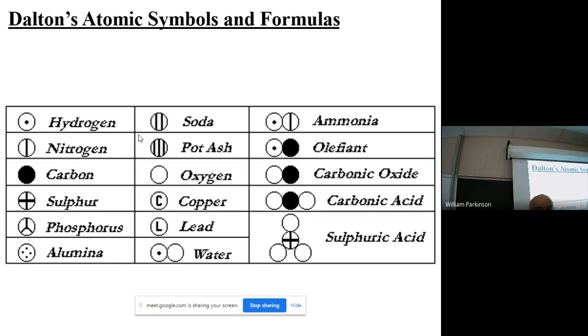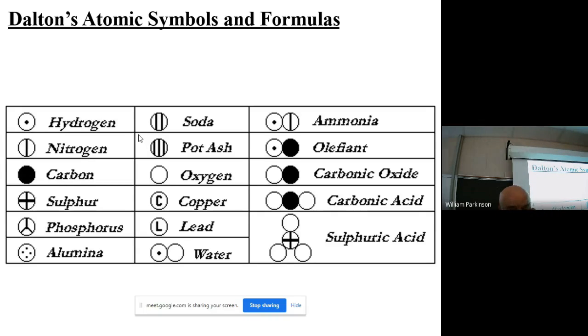Sulfuric acid is the same sort of idea. If you'll notice what the symbols of sulfuric acid are, it's a sulfur in the middle attached to 3 oxygens. In actuality, sulfuric acid has 4 oxygens, a sulfur, and 2 hydrogens.